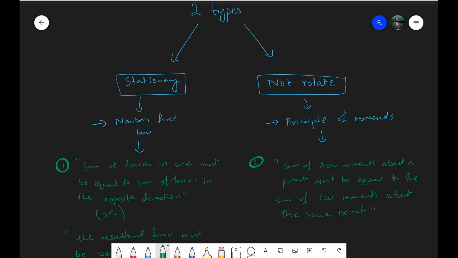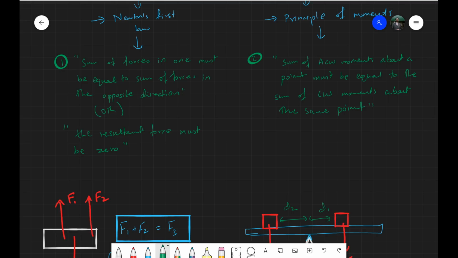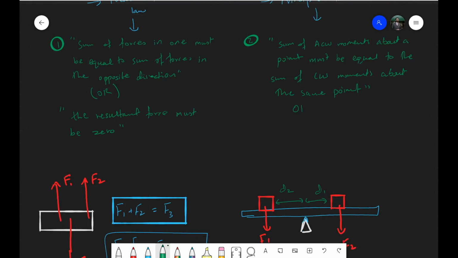But just like the first condition, this might also appear in a different manner, and for that you will write the statement: the resultant moment, or they might also use the word torque, the resultant torque must be 0.